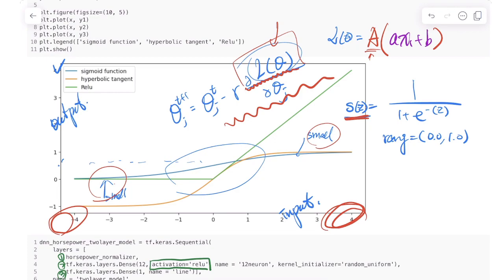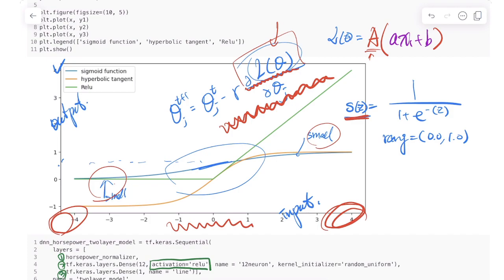If you use scaled features, your input value will be somewhere around here, and the blue one has a larger slope here, so your gradient descent would look much better.